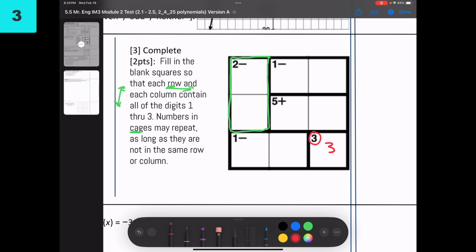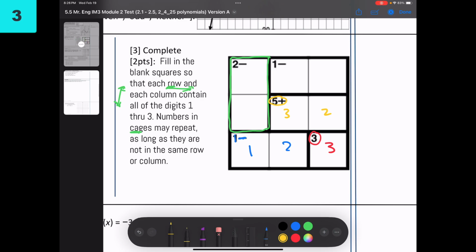So I'm missing the numbers 1 and 2. Now, this row here, I can put them in here, and that's saying that they subtract to be 1, not -1. So you can leave it there, you can kind of guess. Over here, this one has to add up to 5, so this is bad because these are repeating, so I can't do that. So I'm going to put the 3 there and then 2 here.